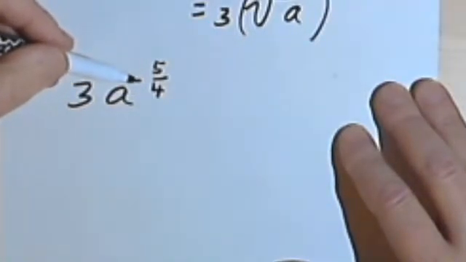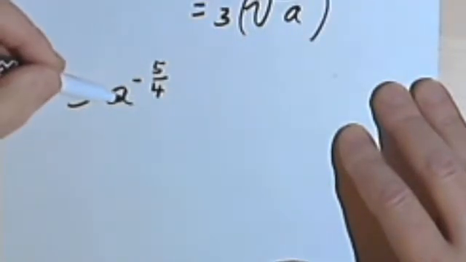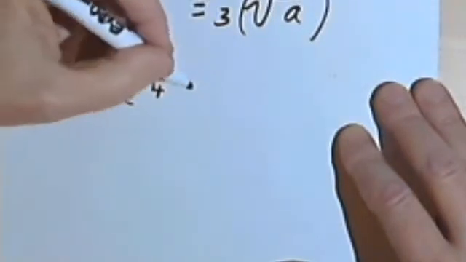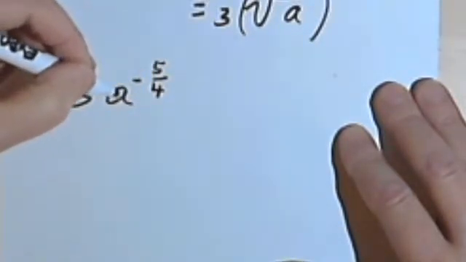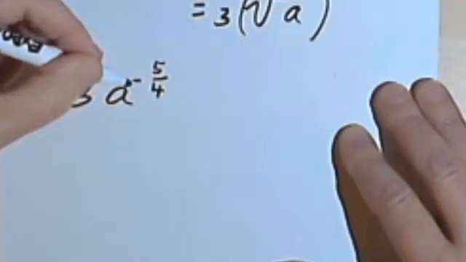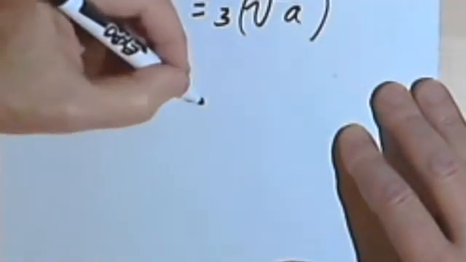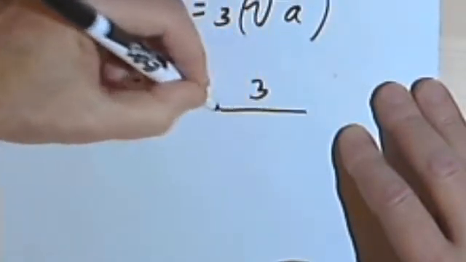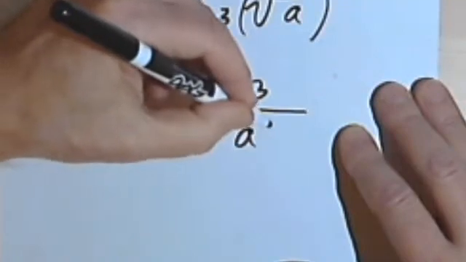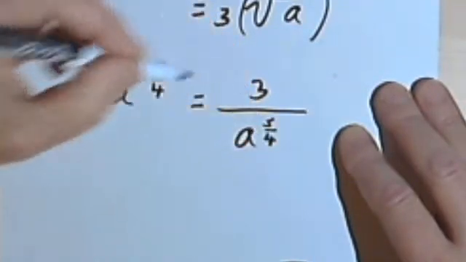And of course, that 5/4 could have been a negative exponent, like 3a to the negative 5/4. Then I would just take the a to the negative 5/4 and make that a denominator. Remember, the 3 is just a 3. The 3 is going to remain in the numerator. So I'm going to have 3 over a to the 5/4.